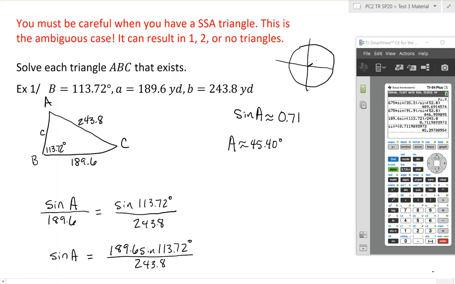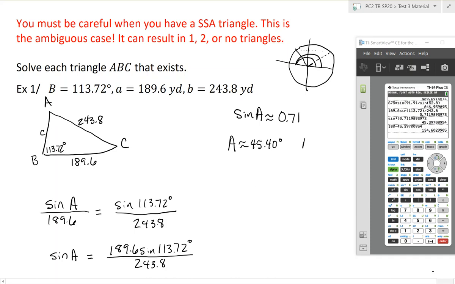But that's not the only place where the sine of your angle is 0.71. You also have an angle over here. This angle has a sine of 0.71. So how do you find that? Well, we take the 180 and subtract off that 45.4. So 180 minus that number is 134.6.